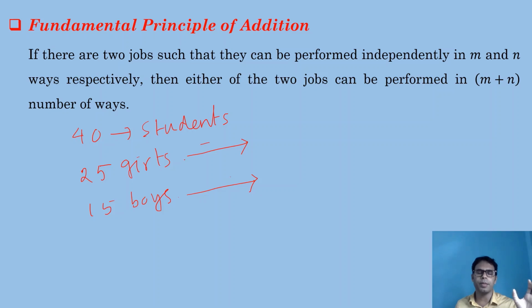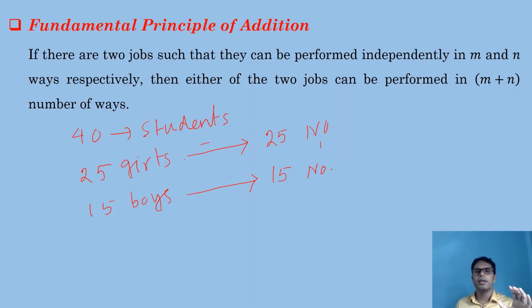If you choose from the girls, then you will have 25 different ways, because any one of these 25 girls you can choose. Therefore, you have 25 ways to choose a girl. Similarly, if you choose a boy, then you will have 15 different choices to select one boy from 15.